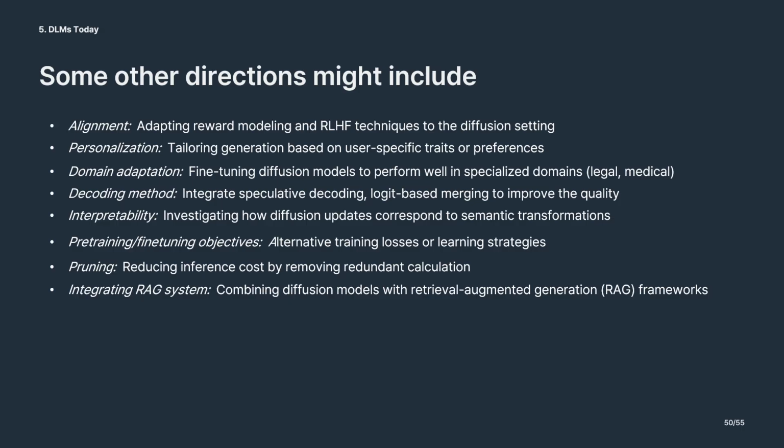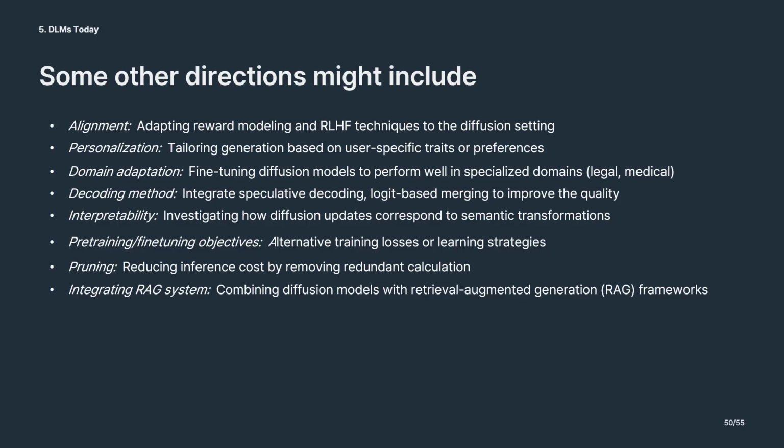Finally, to wrap up, there are still several other promising directions worth exploring. This includes the alignment process, where reward modeling and RLHF can be adapted to diffusion, and also personalization to tailor outputs based on user preferences, and domain adaptation mechanisms, fine-tuning models for fields like law or medicine.